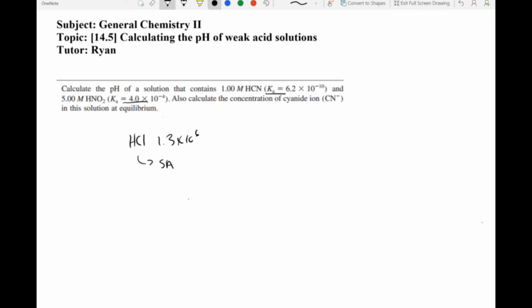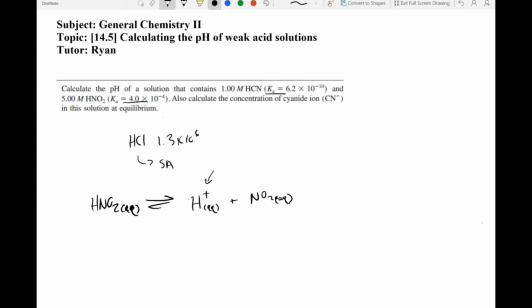So let's first draw out the equilibrium of HNO2. So you have HNO2 in an aqueous solution. Okay, so here it tells you that it's a source of a proton, and since HNO2 is the strong acid here, we could calculate the pH based off of this.